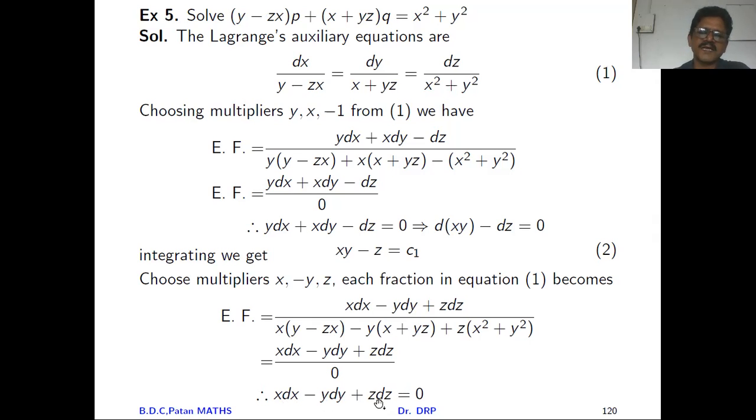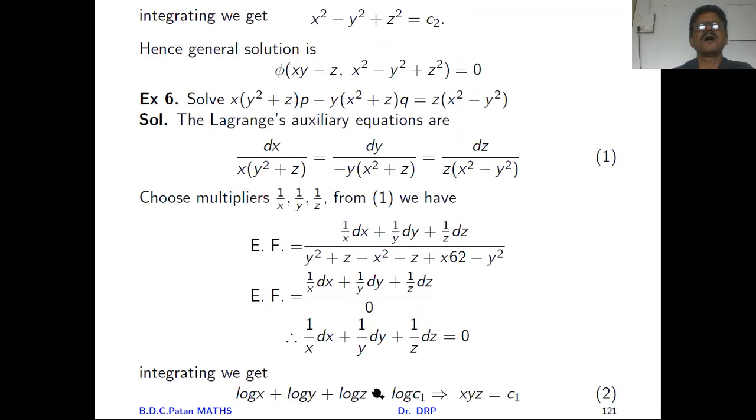Now, this is an exact differential because the coefficient of dx is x, the coefficient of dy is y, and the coefficient of dz is z, which means these are functions of x, y, z respectively. So integrating it gives another solution as x square minus y square plus z square equal to c2.